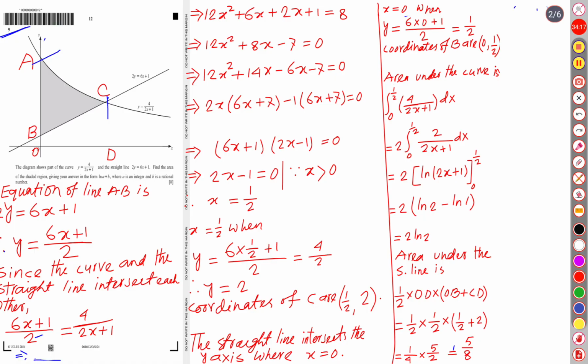And we have got the coordinates of C. We required the coordinates of D, and we got the coordinate of B, where x is known to us because on the y-axis x is 0, and this is the origin, we know 0, 0. Then after that we have got the area under the curve. Area under the curve is actually the integration of the function. Then from that, this OBCD looks like a trapezium. Then we have got the area of a trapezium. Then we have subtracted that area of the trapezium from the area under the curve. Finally we got the area of the shaded region.